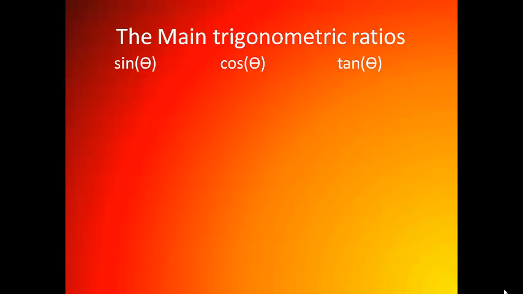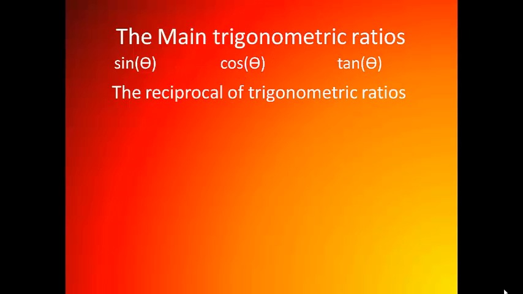Also we have their reciprocal, and I mean by reciprocal 1 over. So the reciprocals of the main trigonometric ratios are 1 over sine, 1 over cosine, and 1 over tan. And we know that 1 over sine equals cosec.